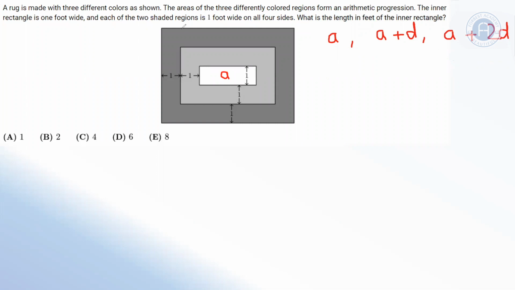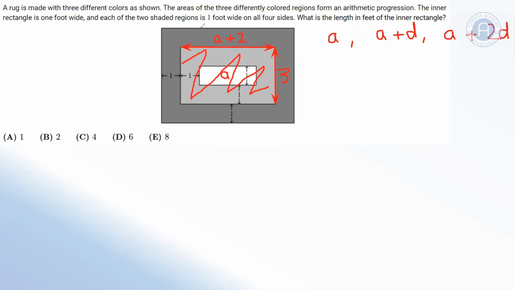For the second term, we've increased the width by 1 on each side. So if we think of this as a larger rectangle, we've got an increase of 1 on either side in its width, so that is now going to be 3. And our length is going to be 1 plus A plus 1, so A plus 2. That gives me a large rectangle, and that's going to include that middle rectangle.